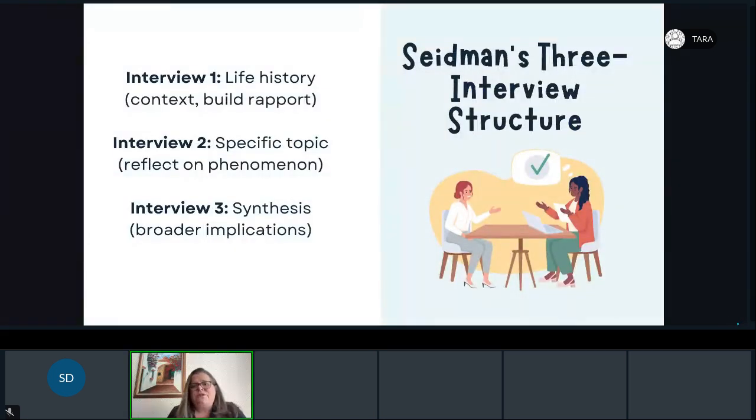You can also do something like the 3-interview structure. So Irving Seidman, in his book, Interviewing as Qualitative Research, which was my Bible in writing my dissertation, outlines a structured 3-interview approach that emphasizes understanding participants' experiences, meaning making through storytelling, and maintaining depth and context.